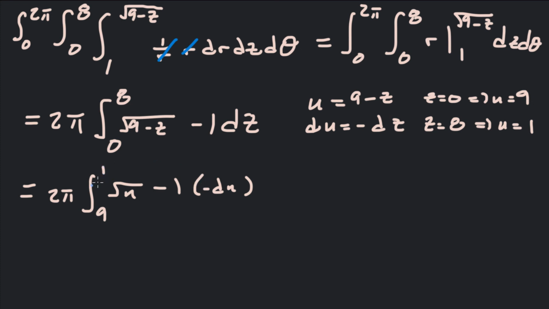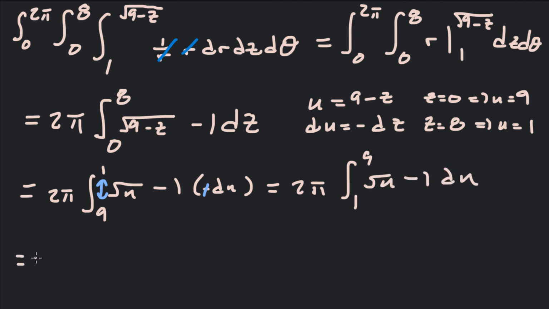That's the property of a definite integral, that we can flip the bounds by inserting a negative sign. And actually, since we already have a negative sign, it'll cancel. So we will flip the bounds and cancel that negative sign. So this is going to give us 2π times integral from 1 to 9, square root of u minus 1, du.